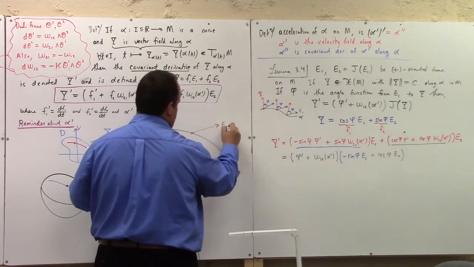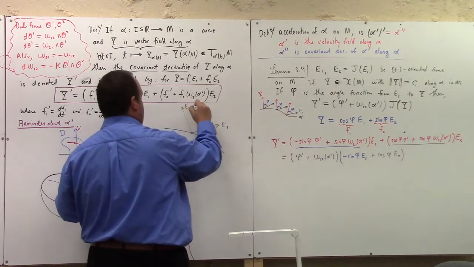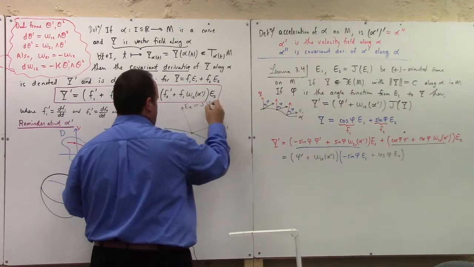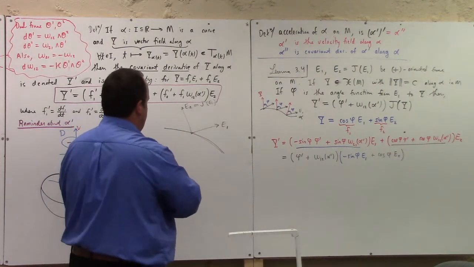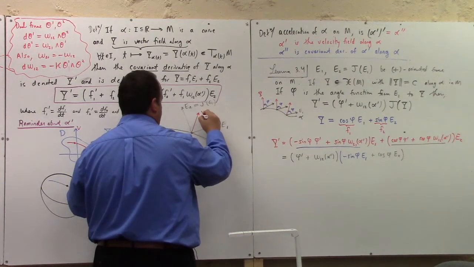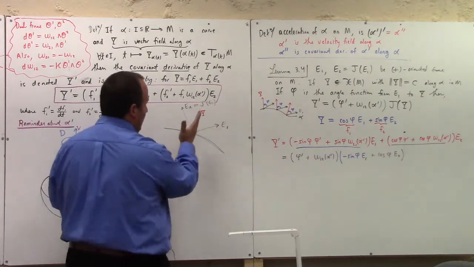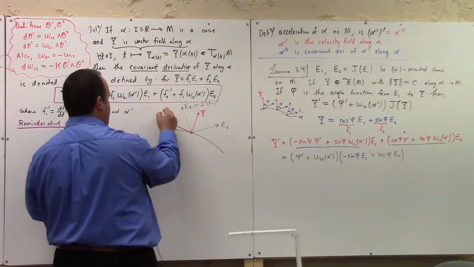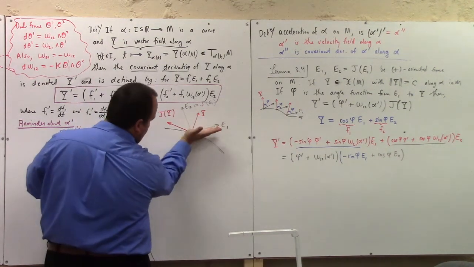Here's E1, right? Here's E2, let's say, which is, by the way, J of E1. Okay? And this is, let's say this is Y, right? J, so JY, it's over here, because this J operator rotates.